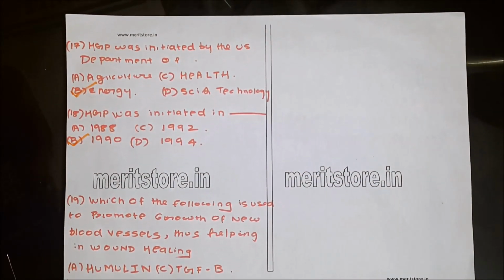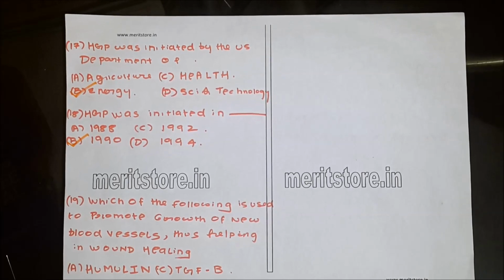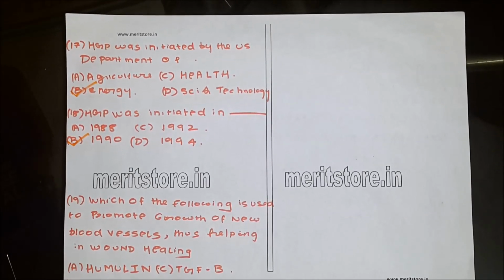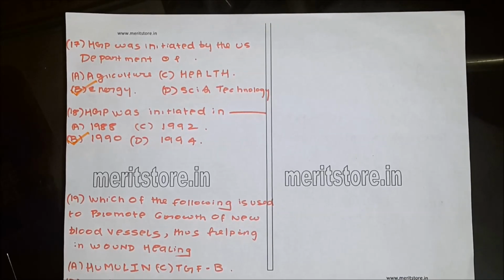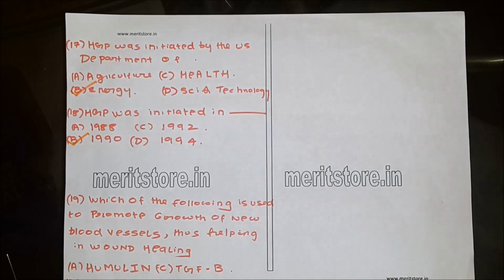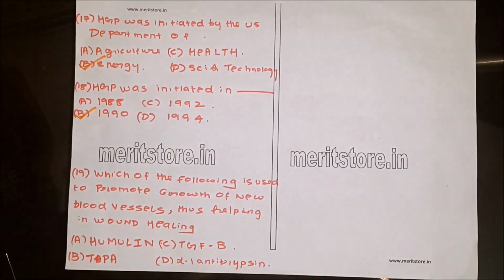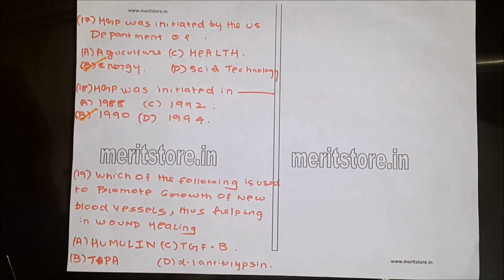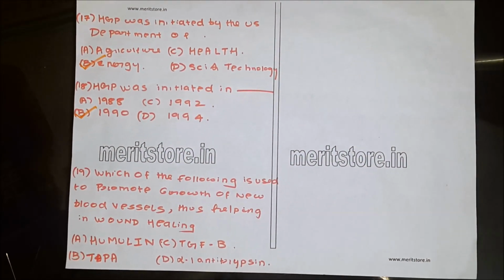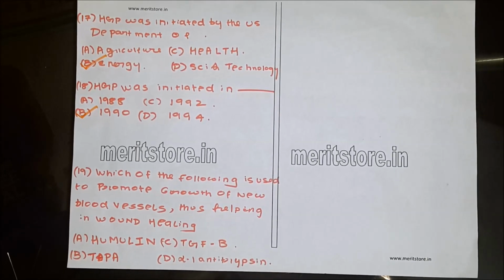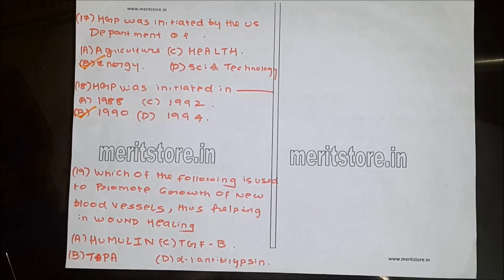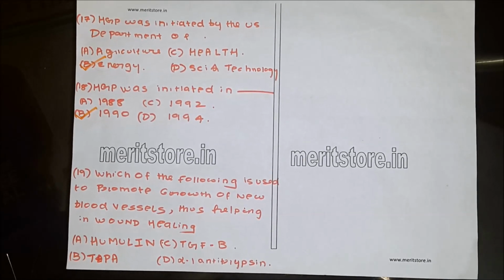Which of the following is used to promote growth of new blood vessels, thus helping in wound healing? Our options are A. Humulin, B. TPA, C. TGF-B, and D. Alpha antitrypsin. So the first one, that's humulin, is basically a genetically engineered insulin used to treat humans suffering from diabetes.